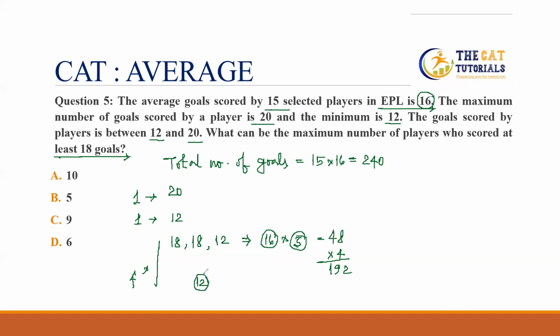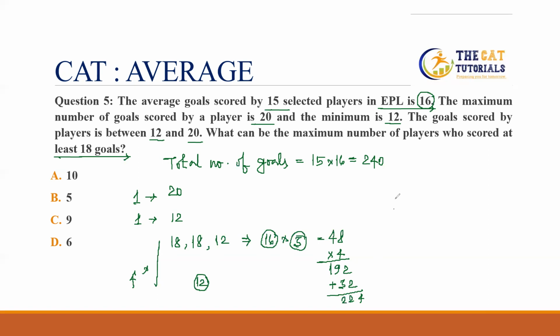And when the number of players is 12, we add the goals of these two players, that means plus 32. So if we have 20 plus this 192 plus 32, it will give you 244.